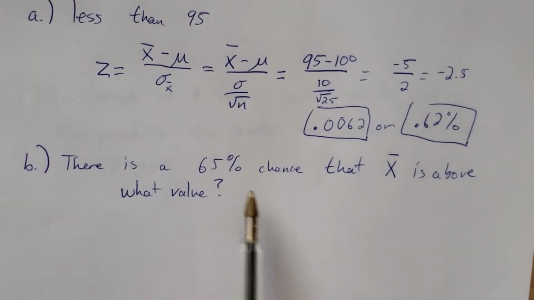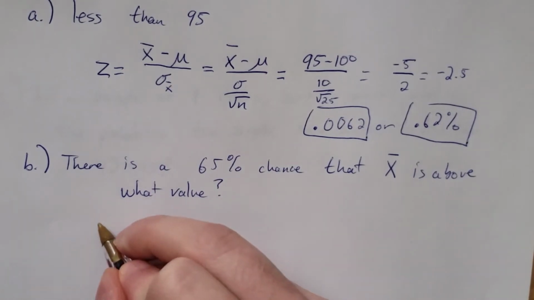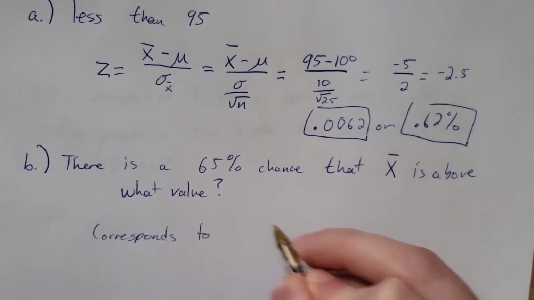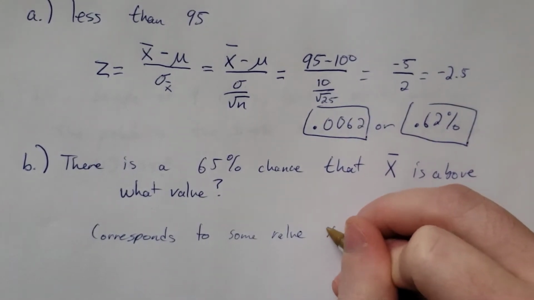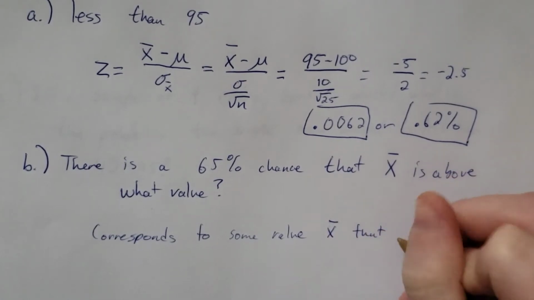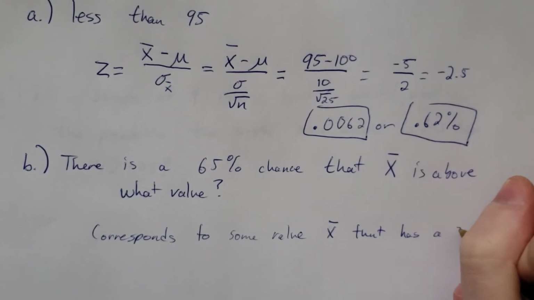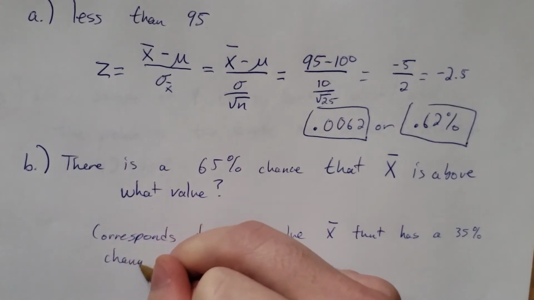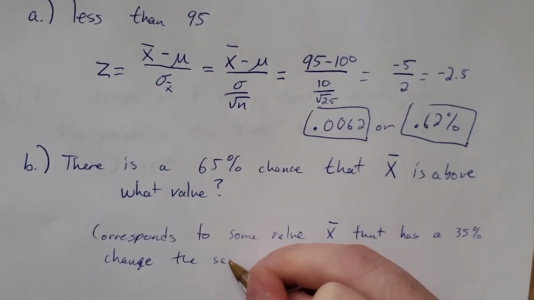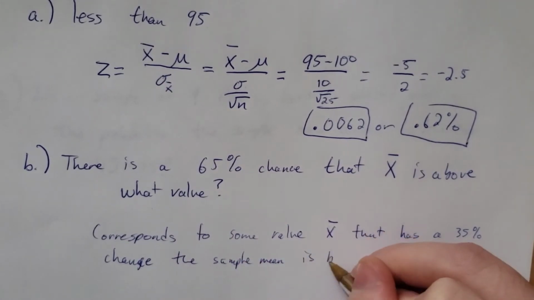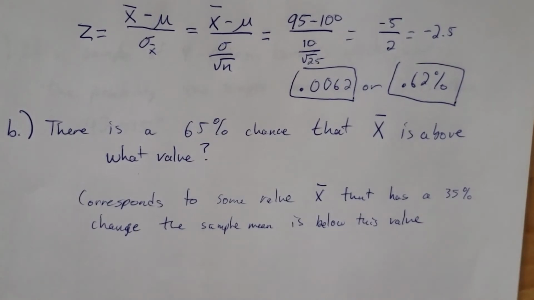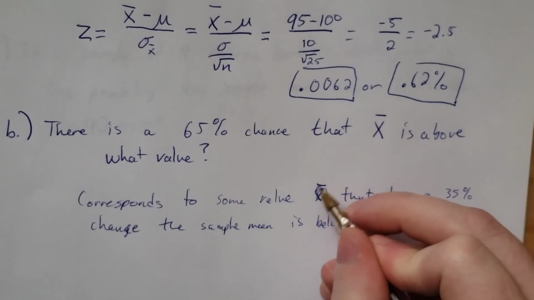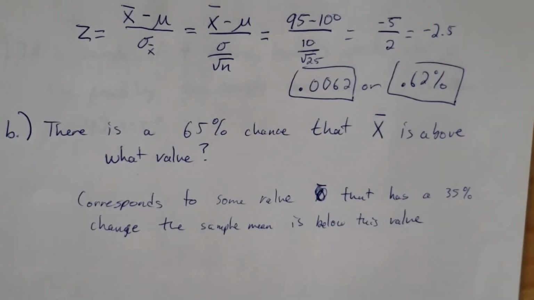Well, if we have a 65% chance that our sample mean is above some value, this corresponds to some value that has a 35% chance that the sample mean is below it, right?